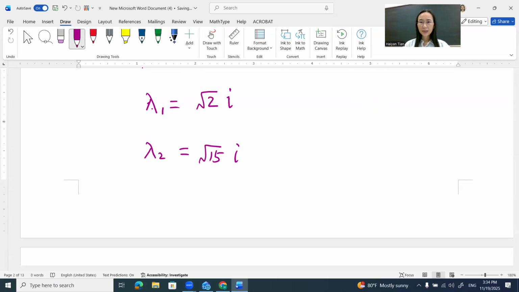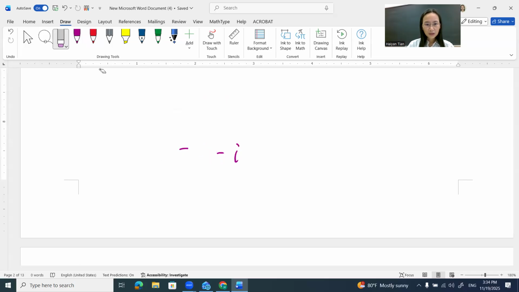Through calculation, for example, if we have this complex eigenvalue and the corresponding eigenvectors, in order to make it organized, I want to show you a complete picture so you can see what we can do here.